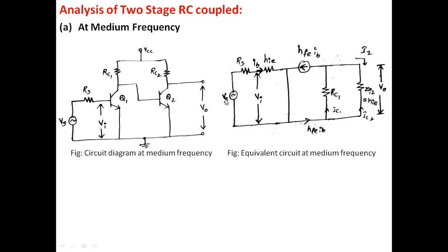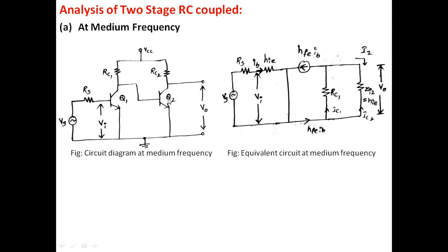Now this is our Vs, this is Rs, the input current is IB, the input impedance is HIE, and this is the emitter, which is short circuited, and the collector current is given by HFE into IB. This is IC. Then we have a collector resistance, because you need to make this VCC to ground, so RC1 gets connected to the ground.